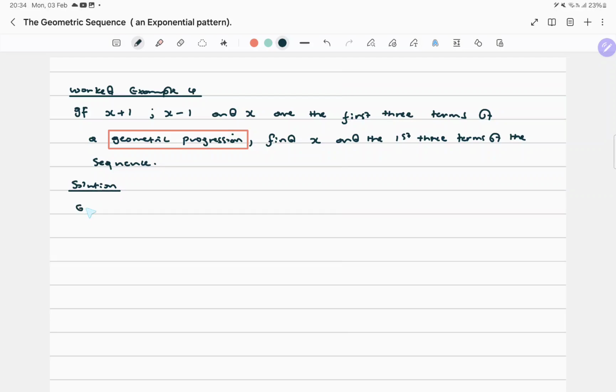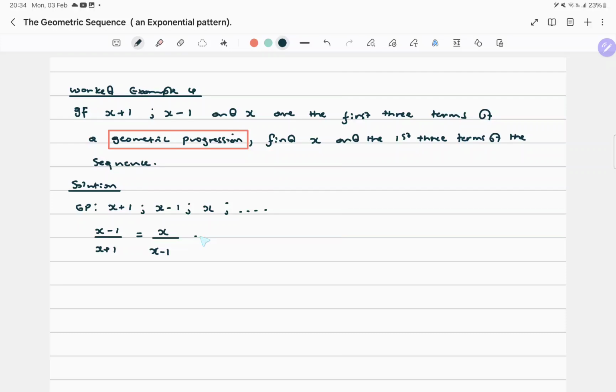We know that the geometric progression is such that we have x plus 1, x minus 1, x, and it keeps on going. Since we know this is a geometric progression, we know that x minus 1 divided by x plus 1 should be equal to x divided by x minus 1.